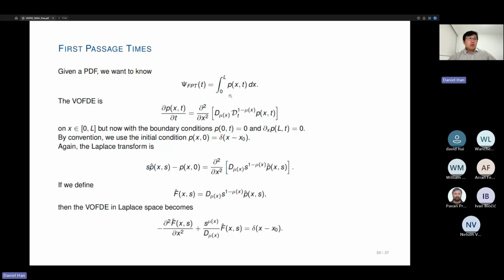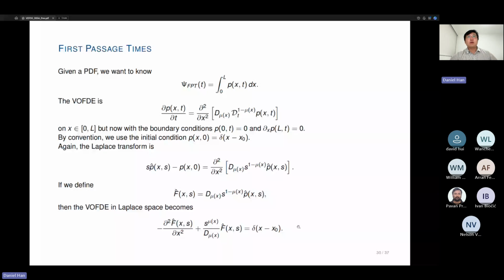So again, we take the Laplace transform, and if we define the term inside my second derivative in space, my Laplacian, as f, then we can put my variable order fractional diffusion equation in Laplace space into something more manageable in terms of f. And so I obtain this second order ordinary differential equation.